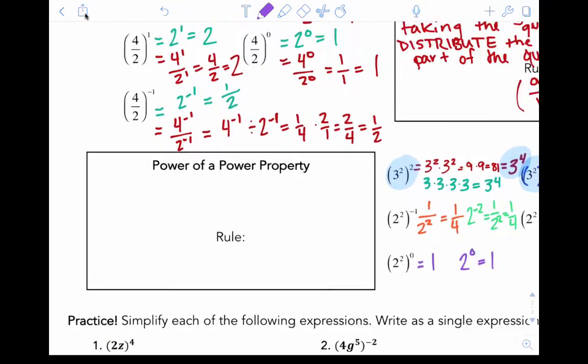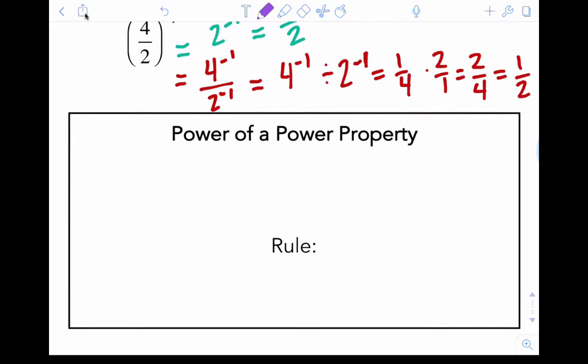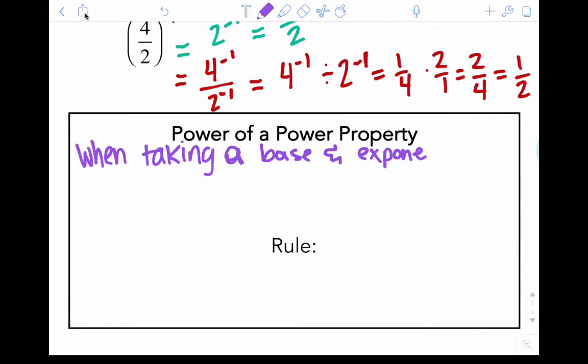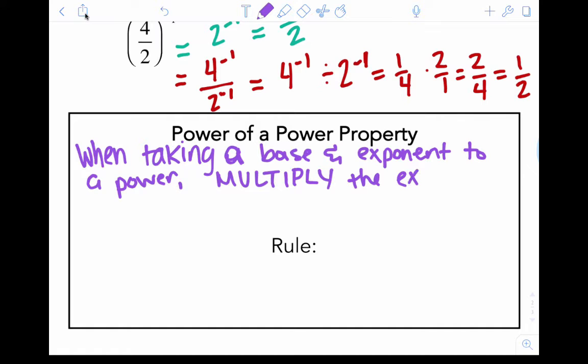So coming over here to write out my power of a power property, you're going to say, when taking a base and exponent to a power, multiply the exponents.